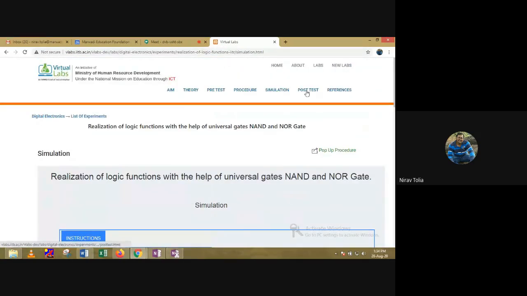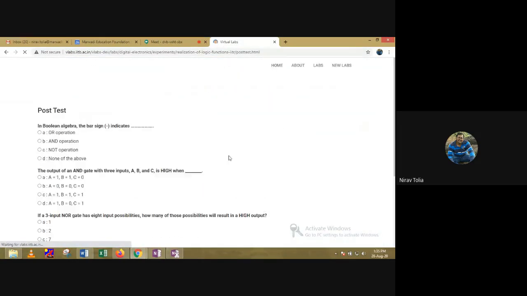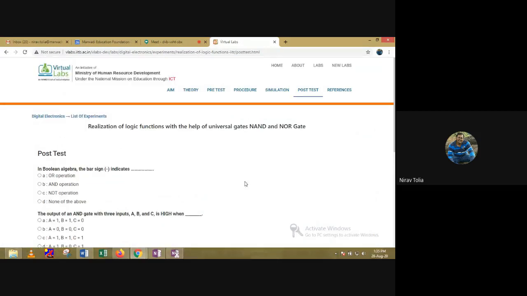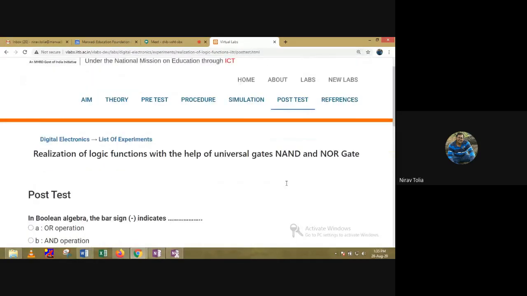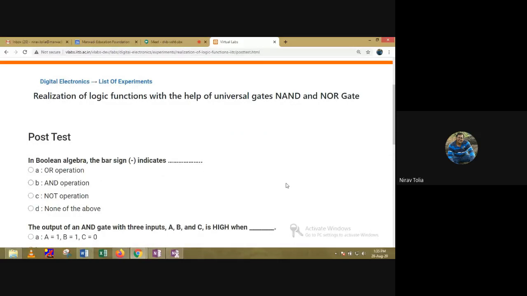The next one is the post test. As it is already done by the A base, there is also some of the wrong answer given in this virtual lab. So suppose the first question, all of you have to give the answer.